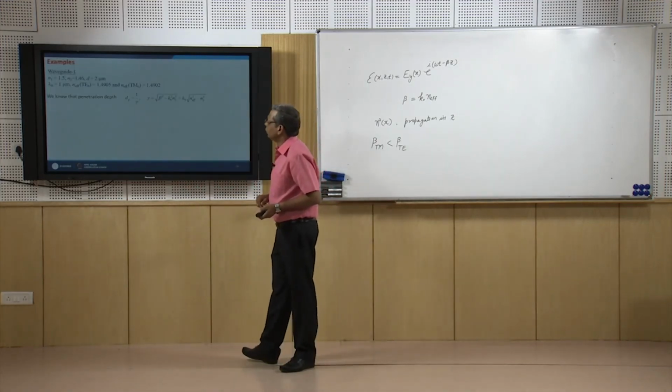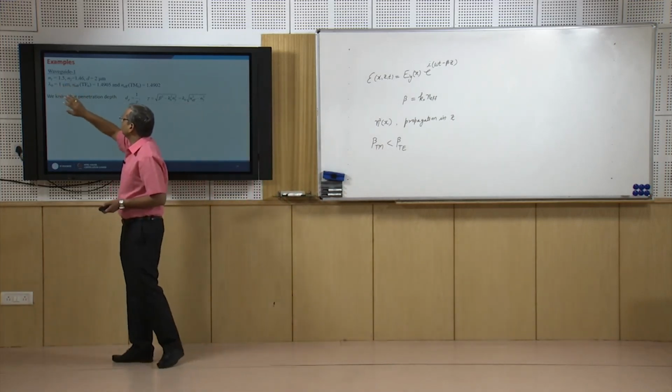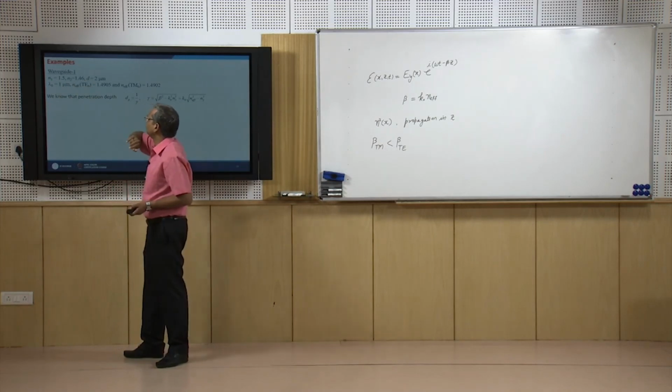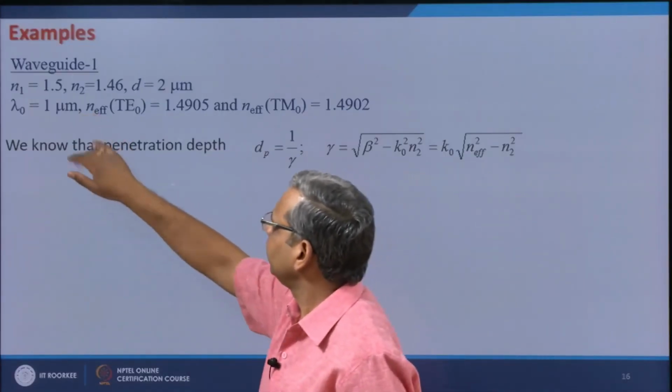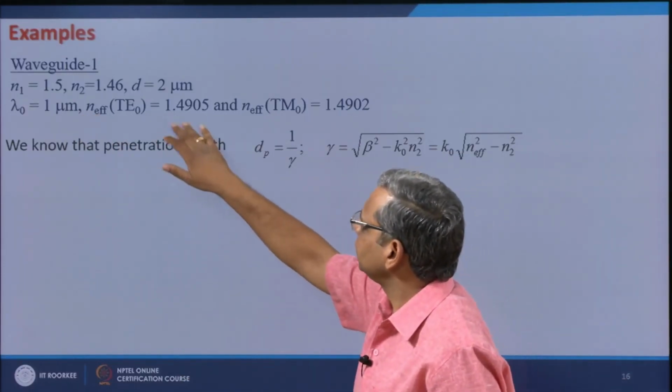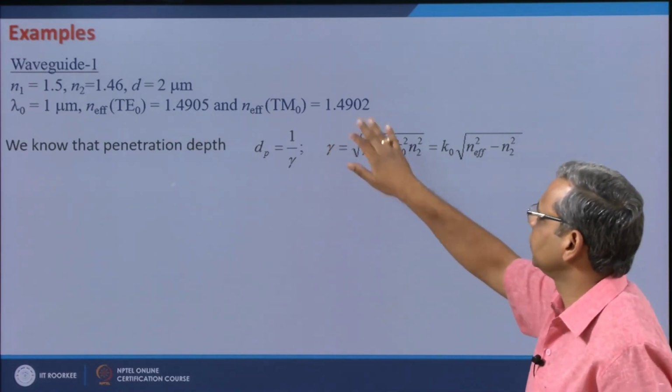I can look at some examples. If I consider this waveguide with n1 equal to 1.5, n2 equal to 1.46, d equal to 2 micrometer, at lambda equal to 1 micrometer, n effective of the TE0 mode comes out to be this, and of the TM0 mode comes out to be this.